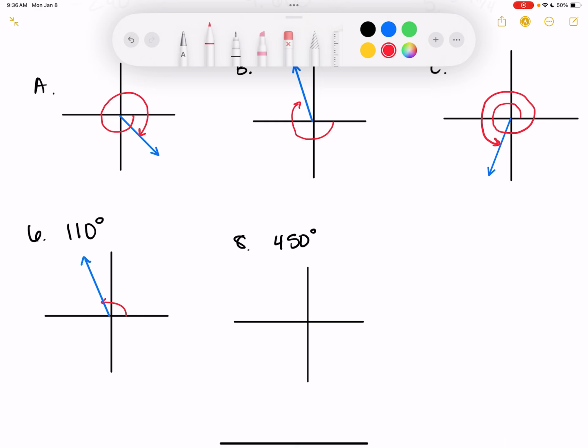So that means that my angle is going to end up on here, because I go all the way around once, that's 360 degrees, and another 90 puts me up on that y-axis. And so my angle would actually be on the axis there. And you'll learn what we call those angles in just a minute.